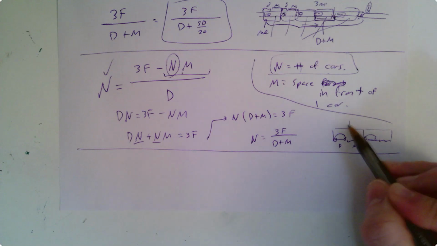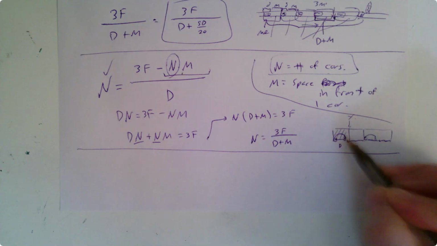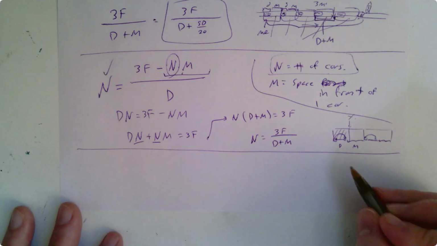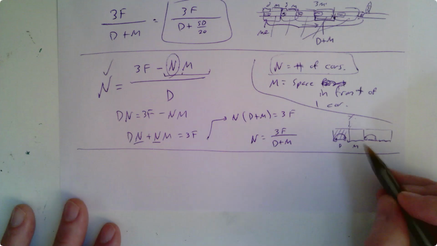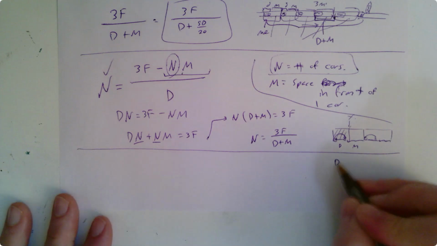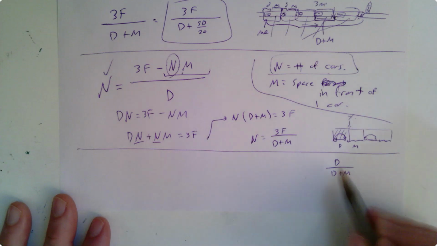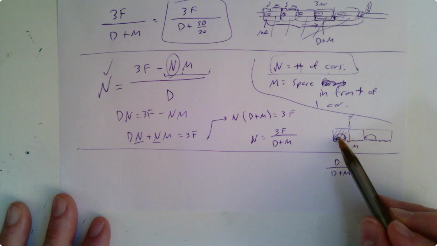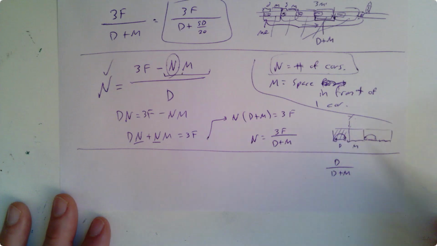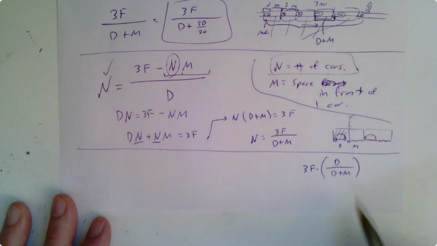So if I want to think what percent of this space right here is taken up by car, the total length is d plus m, but only a length of d is taken up by car. So the percent of the length that's being taken up by car is d over d plus m. Okay, so if that's the percent of the space being taken by cars, I can multiply that by the total length of the bridge.